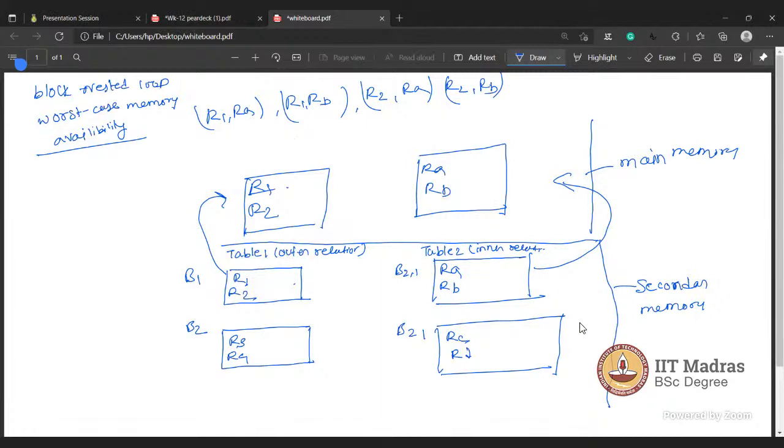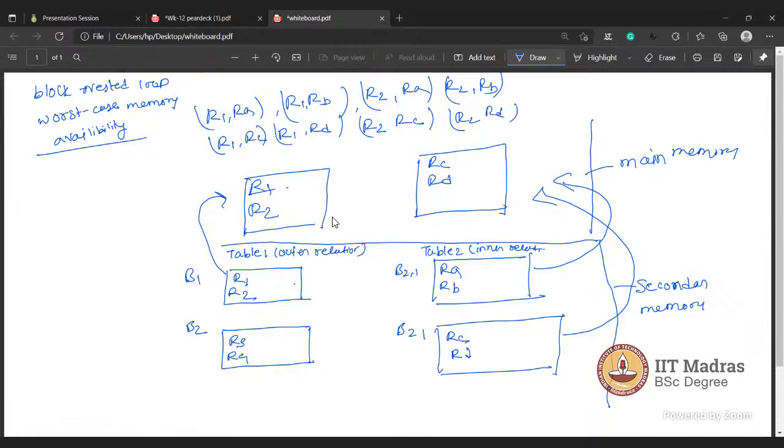Then after that, what will happen? It will see another block. These blocks will be moved. So RC, RD: then R1 with RC and R1 with RD, then R2 with RC, R2 with RD.